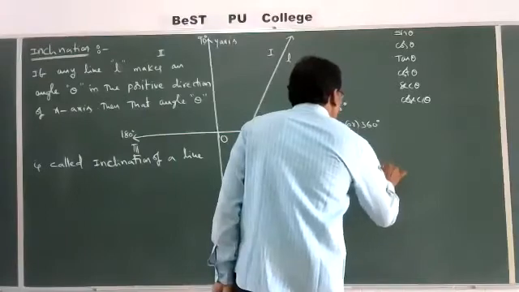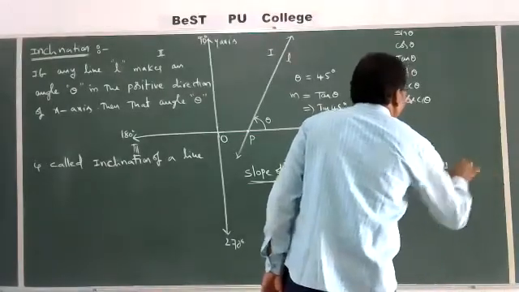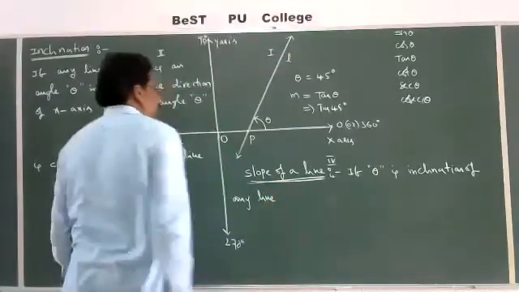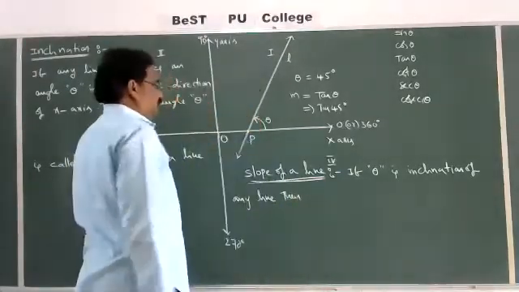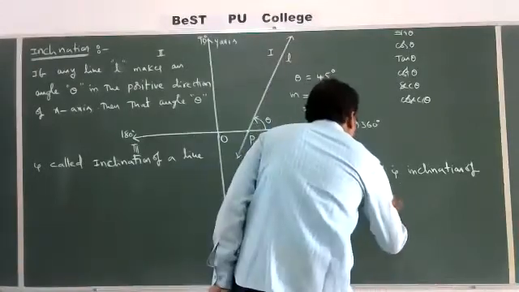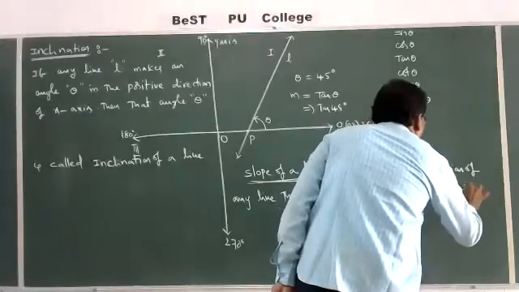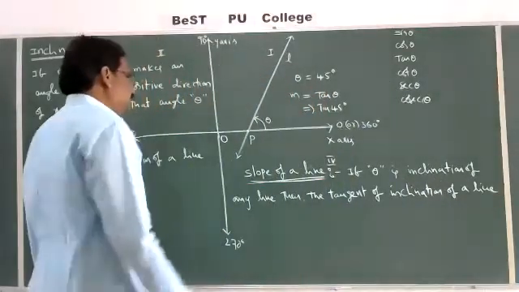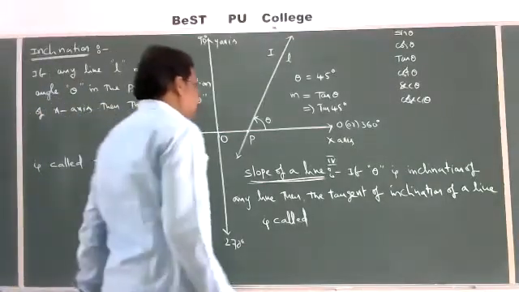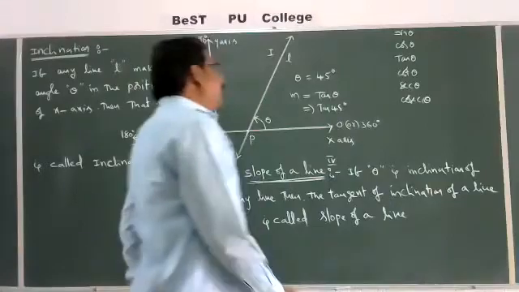If theta is the inclination of any line, then the tangent of inclination of a line is called slope of a line.